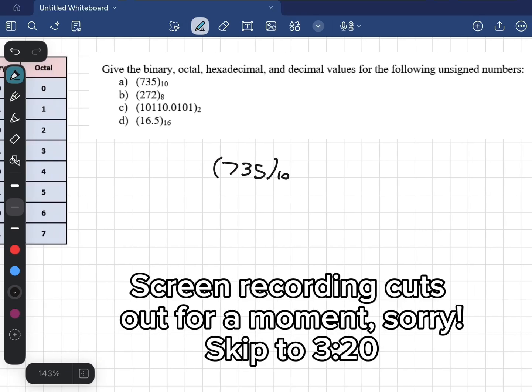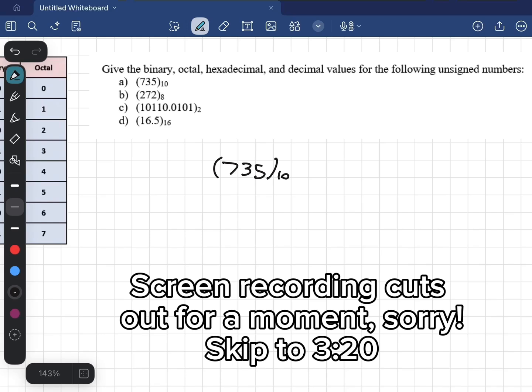735 divided by 2 will get us 367 with a remainder of 1. And as the name of the method states, it's called successive division, so we're just going to keep dividing the number that we got. 367 is our next number to divide, and we'll divide that by 2.